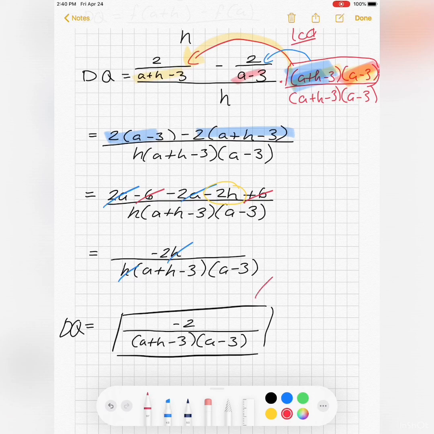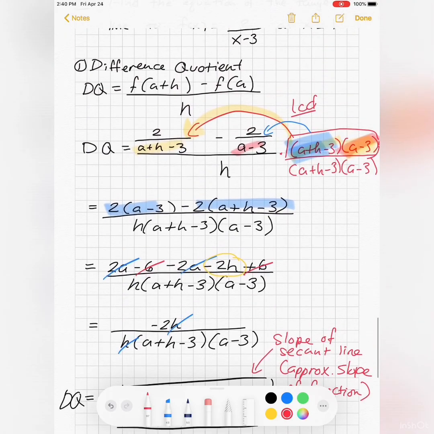Okay, so thinking again about what information this gives me: the slope of the secant line. So this is the approximate slope of the function. This is the slope of the secant line, the line through 2 points, x equals a and x equals a plus h.